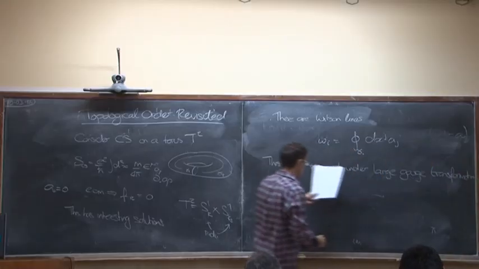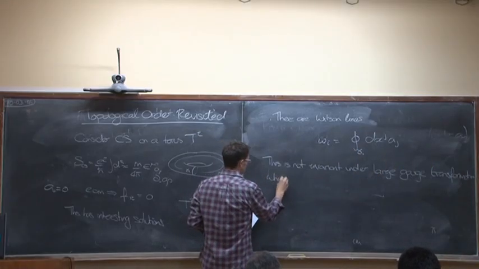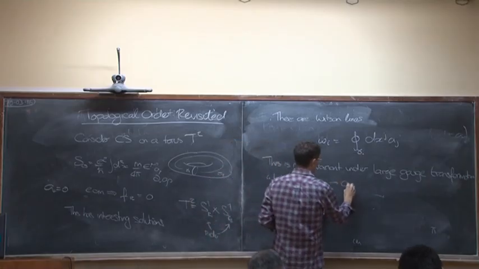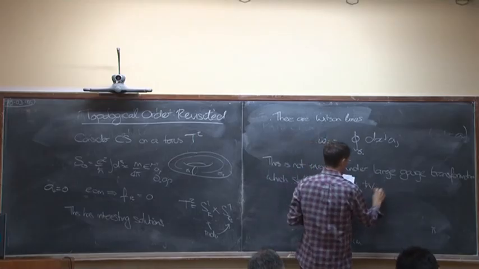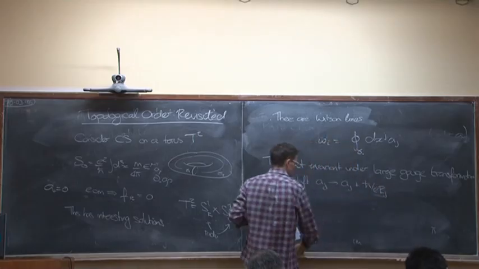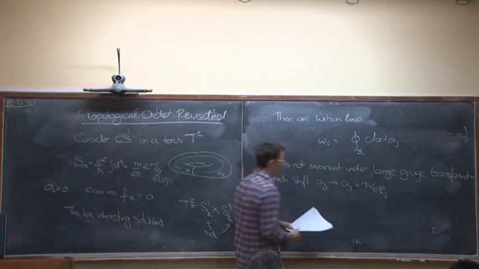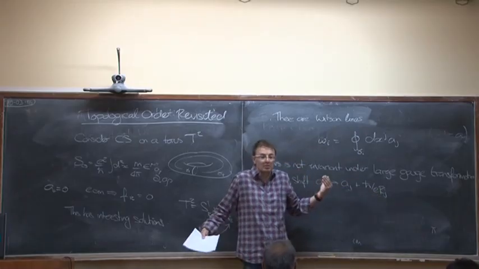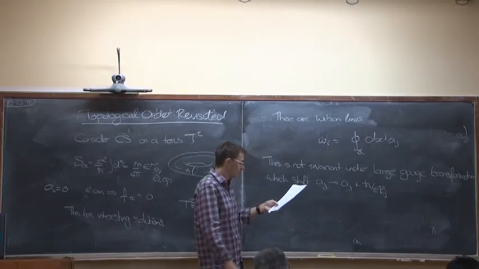So these are the things we discussed in the last lecture, which shift A_j to A_j plus ħ. In the last lecture, the shift was 1 over beta because we were thinking of the time-like circle. Now it's a space-like circle, but it's actually the same harmonics.